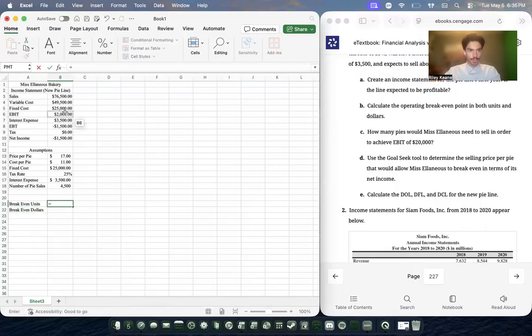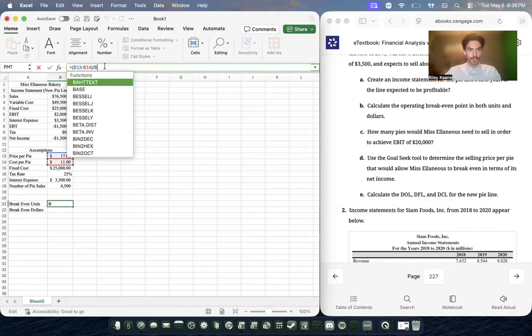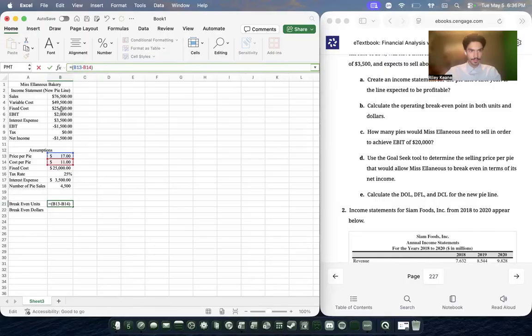So for this, we're going to do our marginal profit per pie divided by the fixed costs. Oops, no, fixed costs divided by marginal. That gets us 4,166 and 6 repeating pies. So this is the exact point where it breaks even at 4,166 pies.